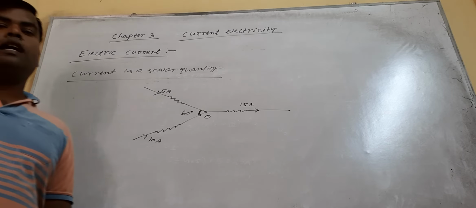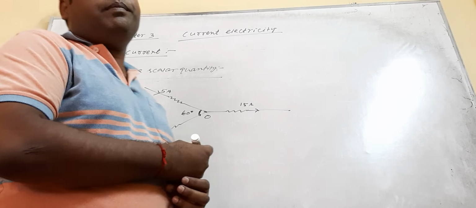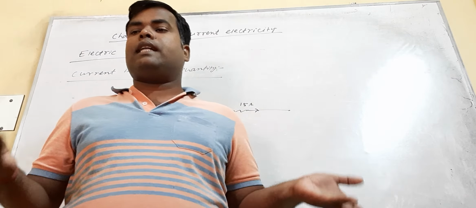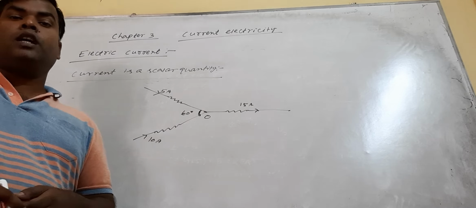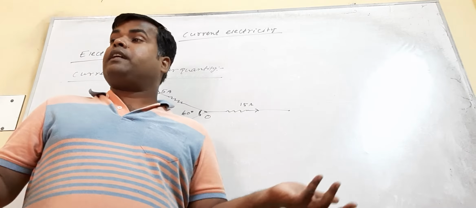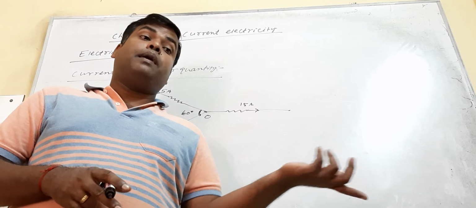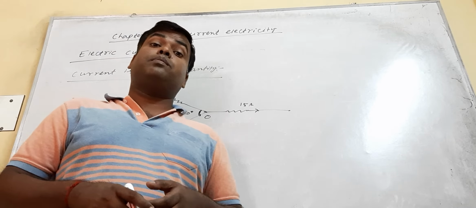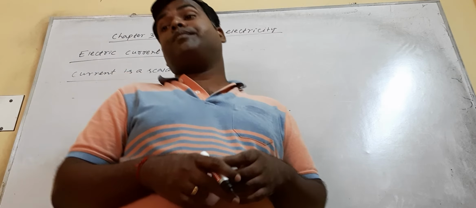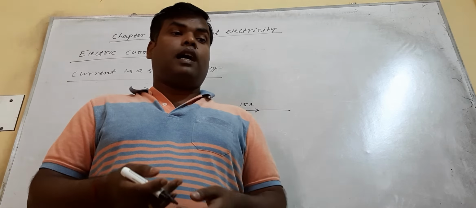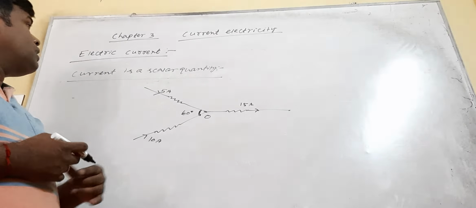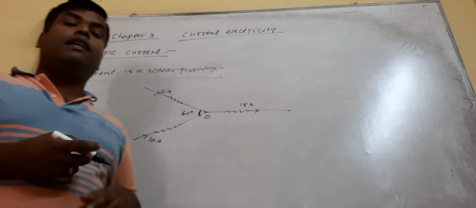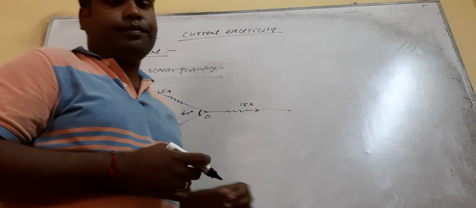That is algebraic sum, that is scalar sum. Directly addition 10 plus 5. Not here will we take the vector addition like magnitude R is equal to root over of A square plus B square plus 2AB cos theta. So as it doesn't obey the law of vector addition, we will consider electric current a scalar quantity.